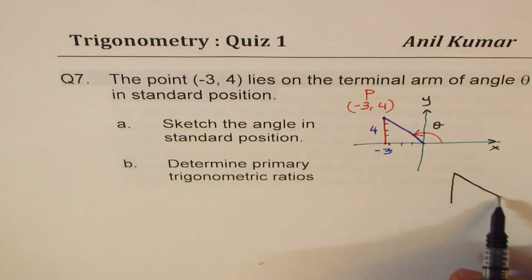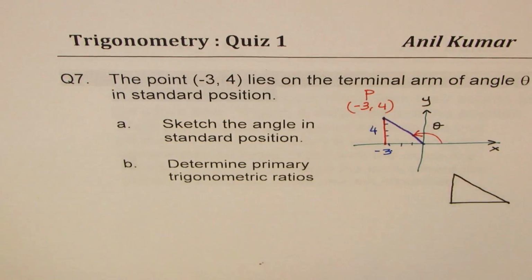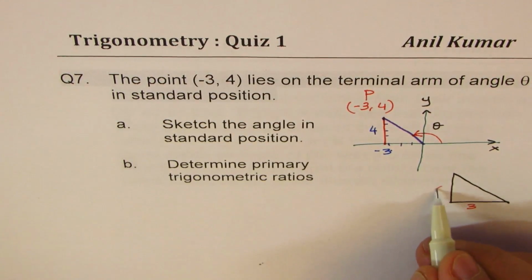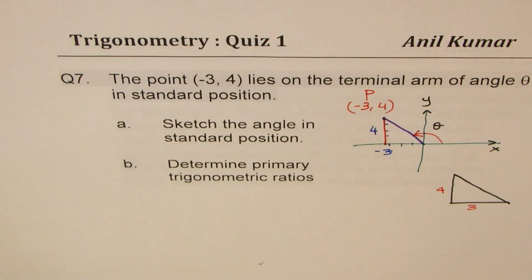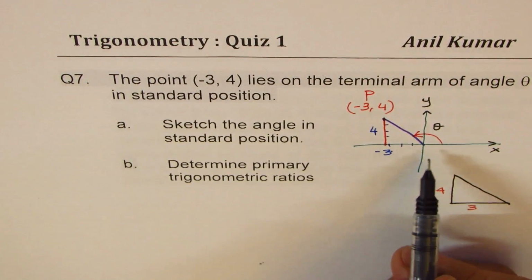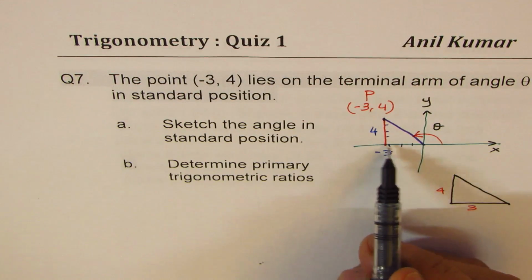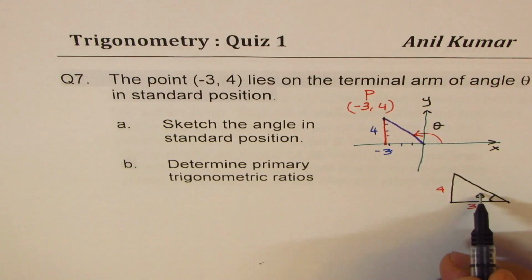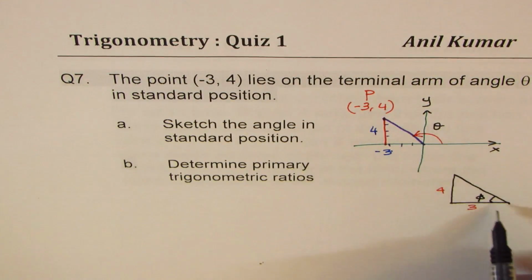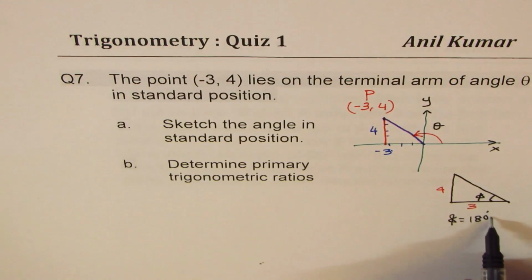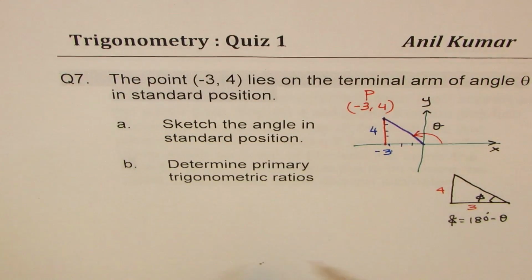Let me redraw the triangle here. In this triangle, we know that the sides are 3 and 4. Minus indicates that anything to do with the adjacent side, let's say this is our angle phi, right? So this is a similar triangle where we know phi is equal to 180 degrees minus theta. Is it okay?